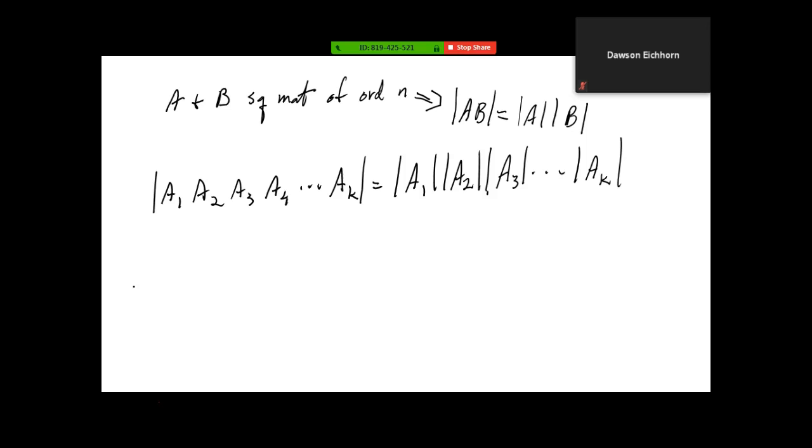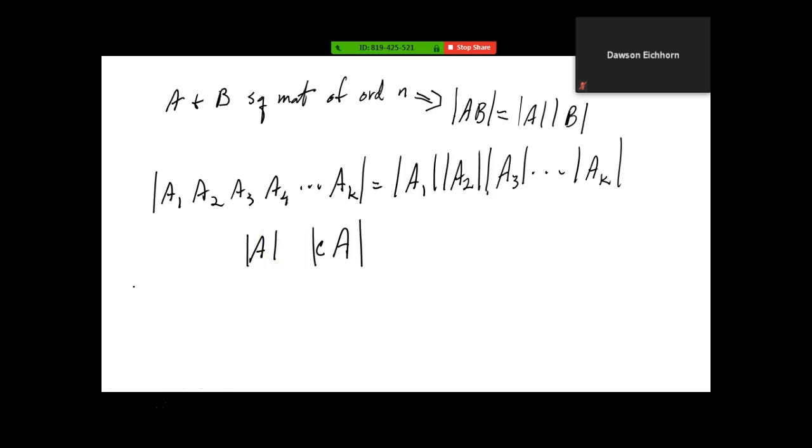Now, what if we have a matrix A and we multiply that by a scalar, C? We know what happens with that. That's the C multiplied by every element in A. Now, what happens if you take the determinant of this and the determinant of that? How are they related?